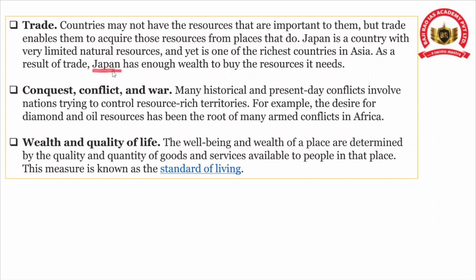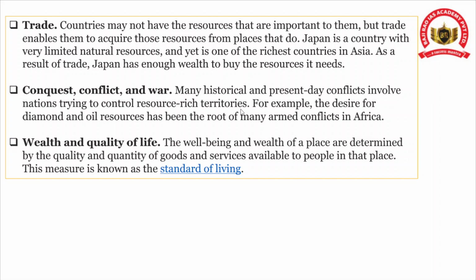Japan, despite being a small country starved of resources, is now called a developed country, an Asian superpower. It is primarily because, even though it lacks resources, it is able to trade with the resource-rich countries, and those resources are used more efficiently and effectively. So that helped Japan to become a wealthy nation.